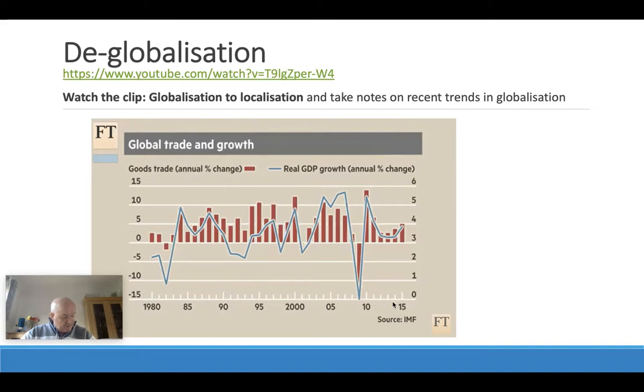However, as we've said before, there is always two sides to the story, isn't there? So when we think about the financial crisis and some of the interdependent issues, that interconnected nature of the society in which we live, maybe there is an argument to say that that's not so much of a good thing.